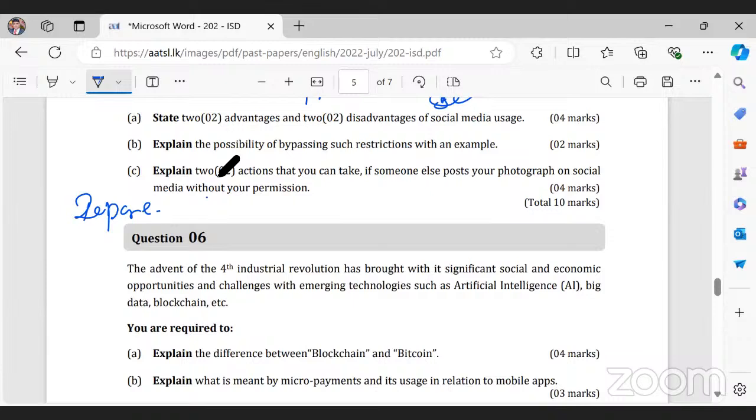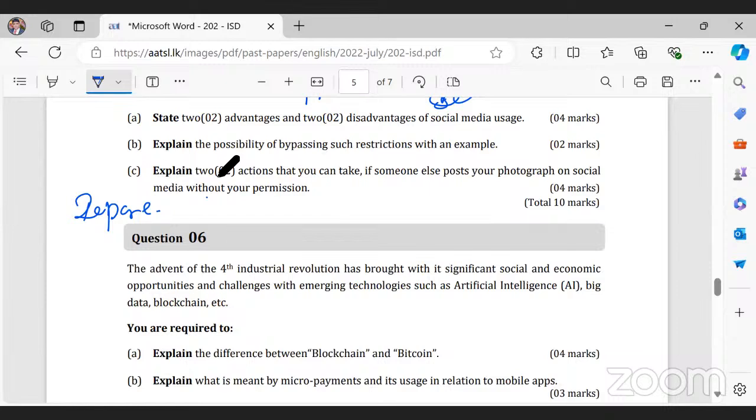If we ask, now the central bank knows the entire volume of money circulating in the economy. But in Bitcoin, there is no such central regulatory body to regulate these currencies.